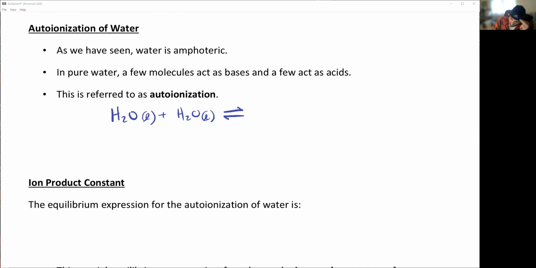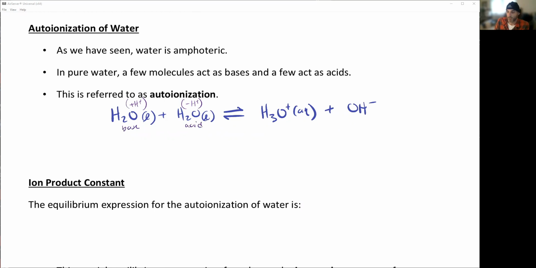The first water molecule will grab a proton from another water molecule. So this has gained H plus, and this has lost H plus, meaning if that gained H plus, this is going to act as the base. This is acting as the acid.